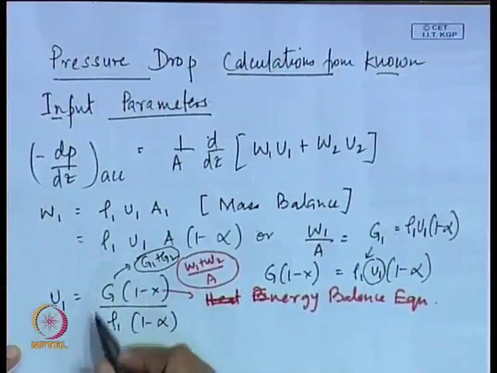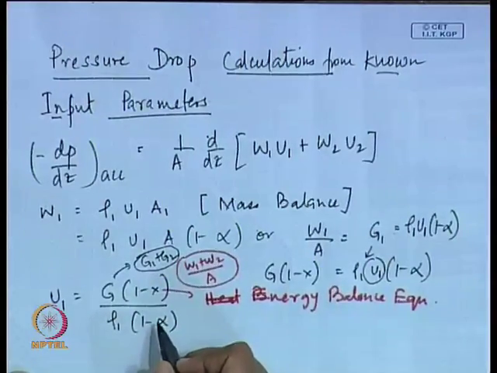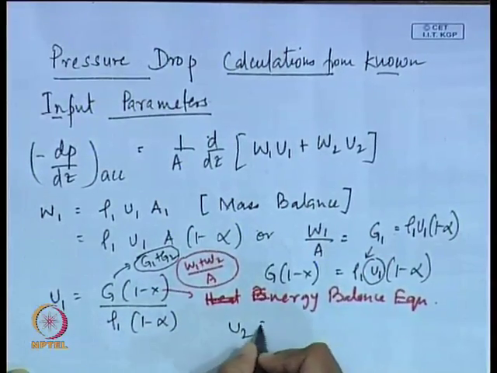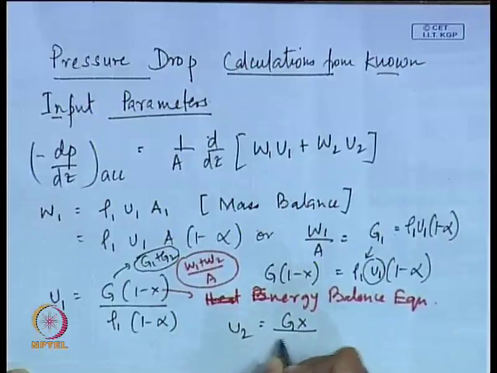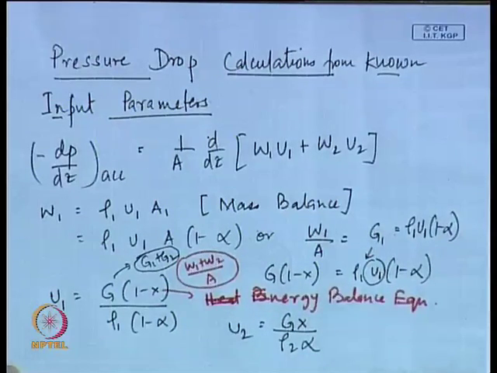In case it varies, we can find the variation either from the thermodynamic equation of state, or when there is some phase change we can consider that. And therefore, u1 is obtained in terms of measurable parameters. Similarly, proceeding similarly for u2, we can get it as G x by rho 2 alpha.